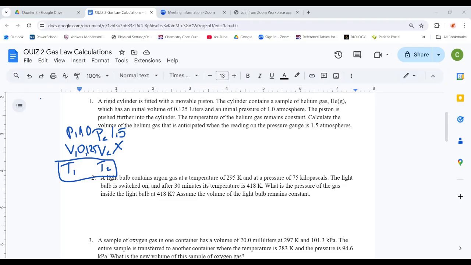All right, now when you set this up, you were instructed to first write the full gas law equation. Now since temperature is constant, I'm going to knock it out of the equation.